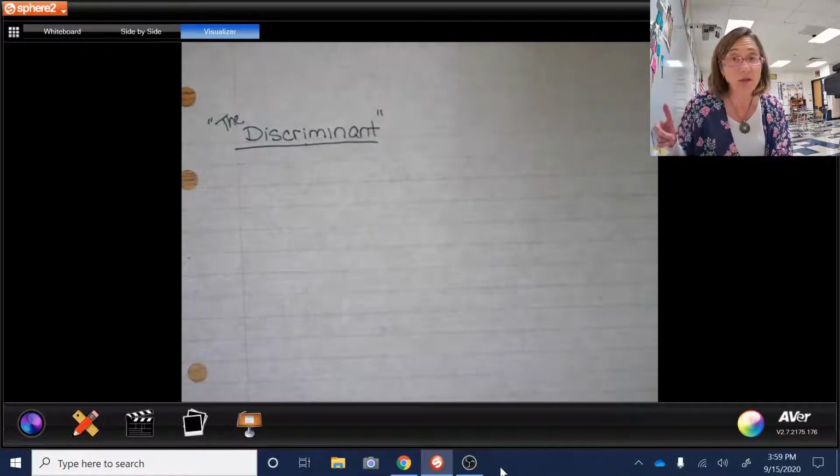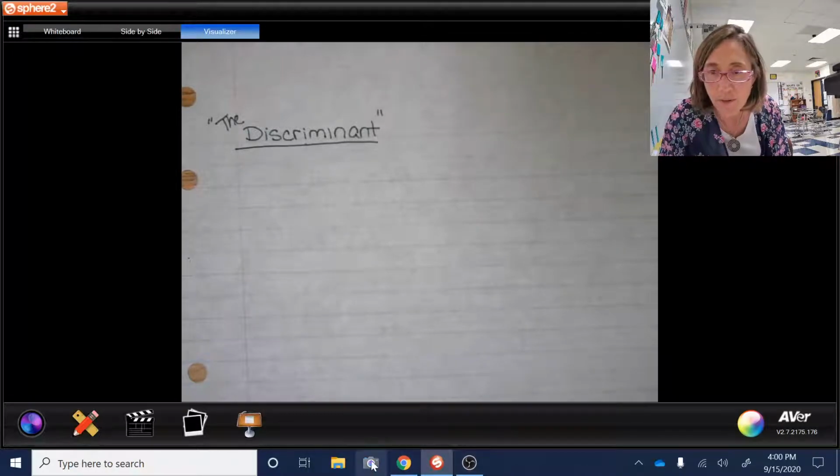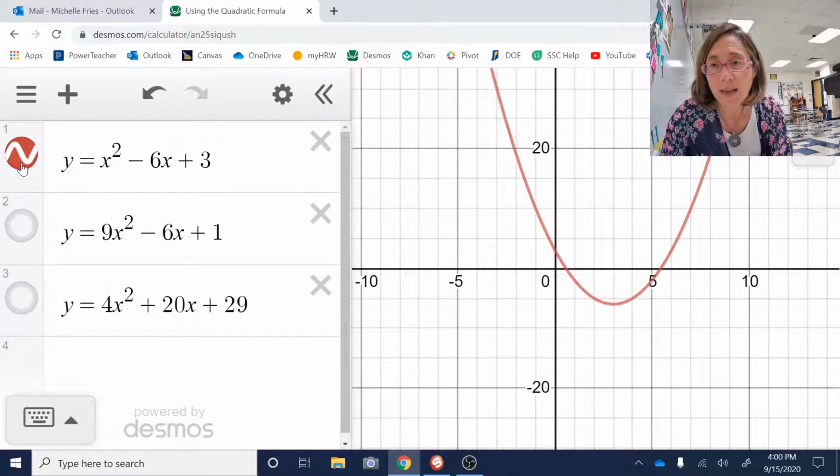Now, I'm going to use your notes from yesterday. So pull those out because I want to talk about the three different types that we had. Actually, before I do that, I'm going to pull it up on Desmos again. Sometimes when you graph parabolas and find the solutions, which are also known as the x-intercepts or the roots or the zeros, but we're going to talk about them as x-intercepts, there are two x-intercepts.